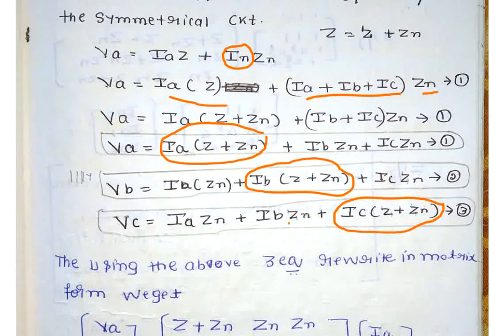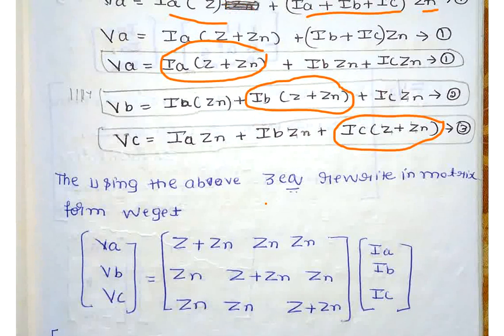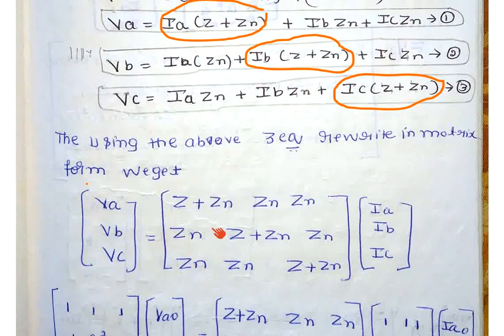Now, I will put this in matrix form. If I put it in matrix form, your LHS becomes VA, VB, VC. And your RHS becomes Z plus Zn, Zn, Zn; again Zn, Z plus Zn, Zn; again Zn, Zn, Z plus Zn.